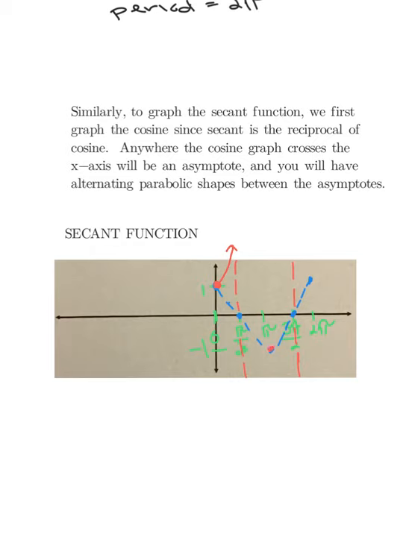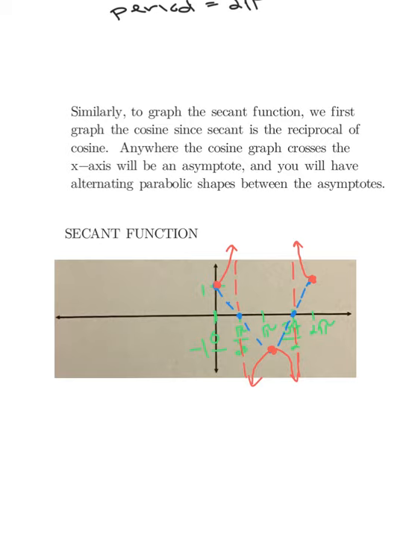We will go to our -1, and where that opens up, we're going to reflect and open down, staying between our asymptotes. Go to the next 1, and then open towards the asymptote.